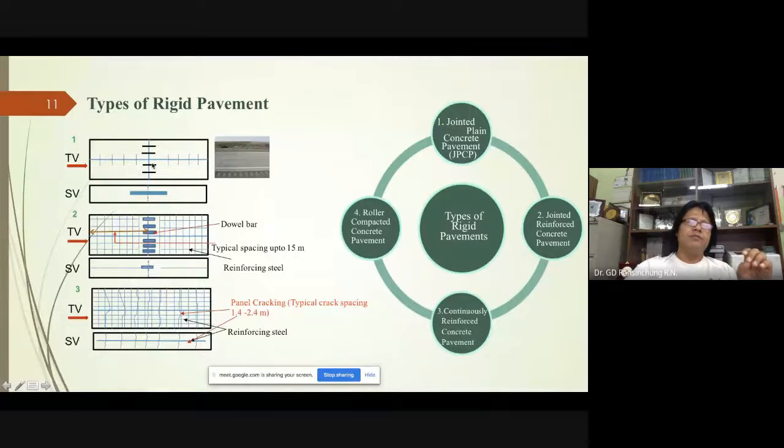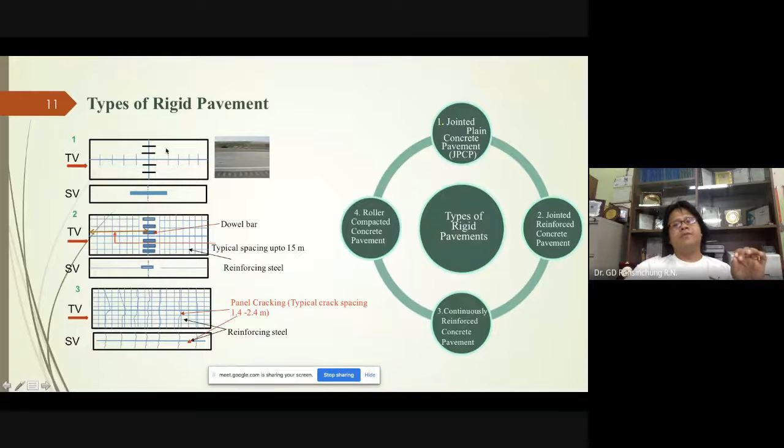A good example of jointed plain concrete pavement is what we can see in this figure 1. Though the name implies jointed plain concrete pavement, in this concrete pavement system we do employ dowel bars and tie bars at joints. Now, joints are normally provided at the distance of 4.5 meter interval.